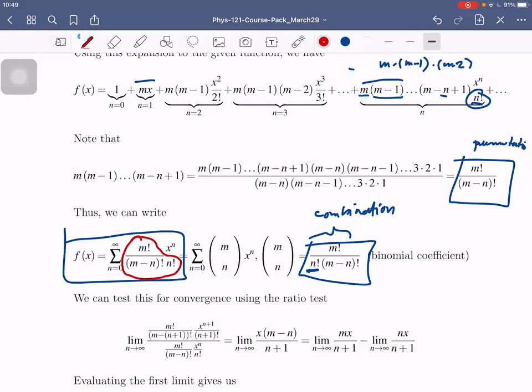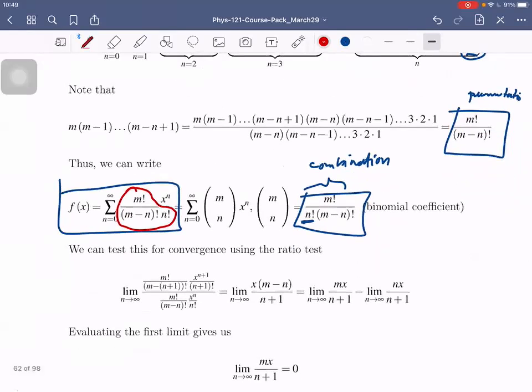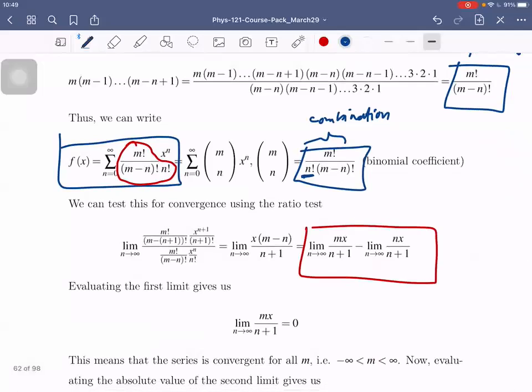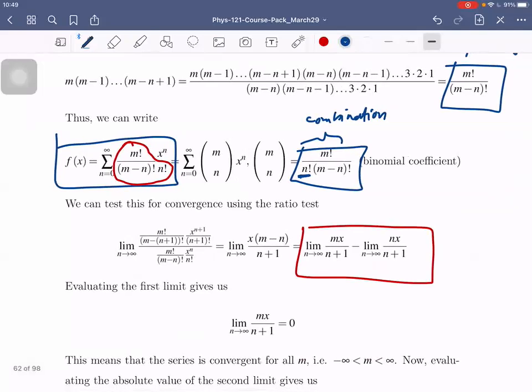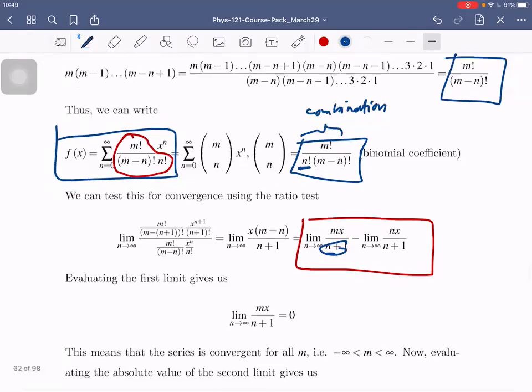Yan. Okay? So, using ratio test, we can show na ito yung limit. So, we have two limits here. Evaluate the first limit, we can show as n approaches infinity, magiging 0. Huwag niyo pansinin yung m kasi n lang naman titignan natin. Magiging 0 to, kasi lalaki ng lalaki to, magiging infinite. So, 0.